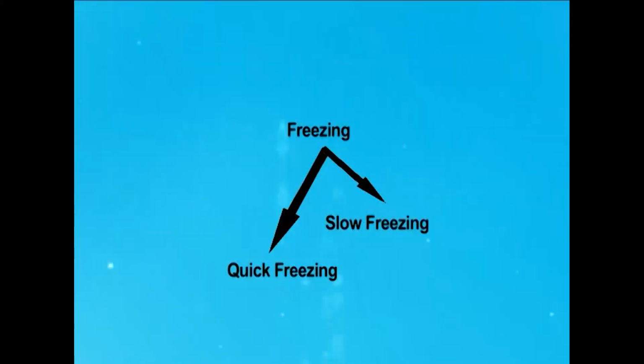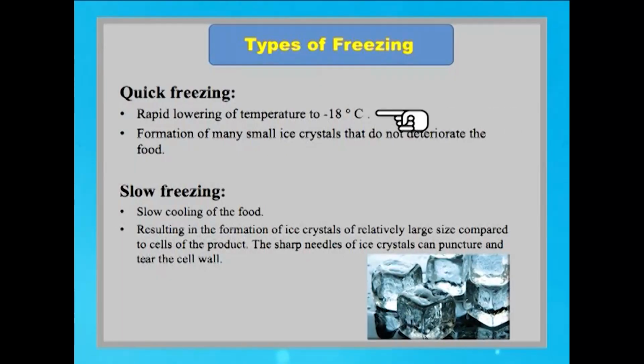There are two different types of freezing method. One is called quick freezing and the other one is called slow freezing. What is the difference between the two? In quick freezing, we rapidly cool down the food material which is going to be preserved to a temperature of minus 18 degrees Celsius. Now this rapid cooling leads to the formation of small ice crystals which do not deteriorate the food product.